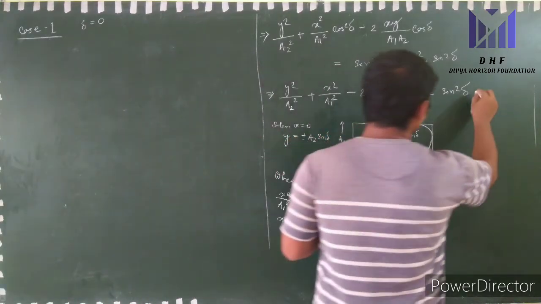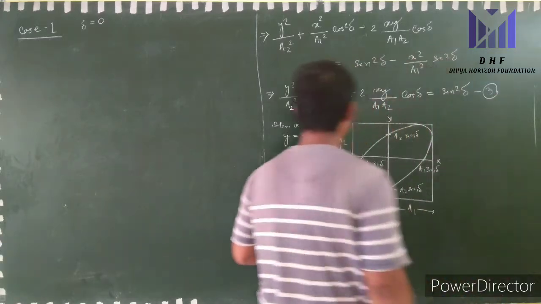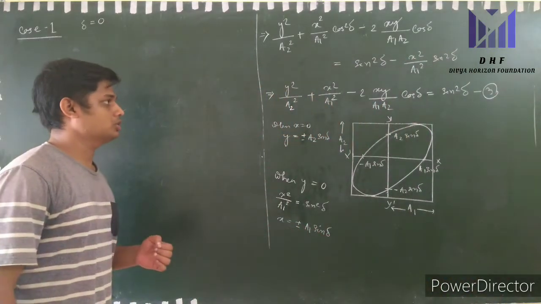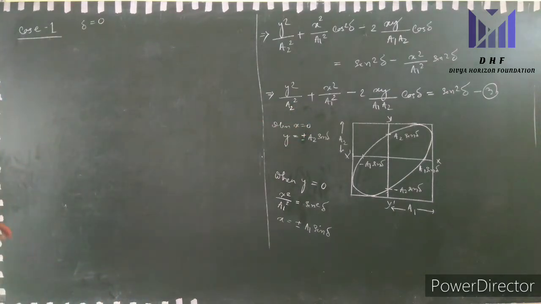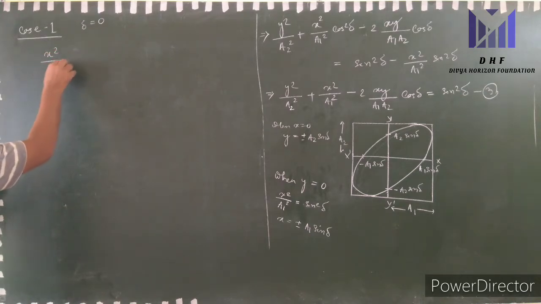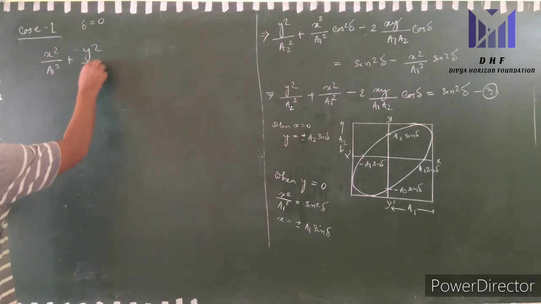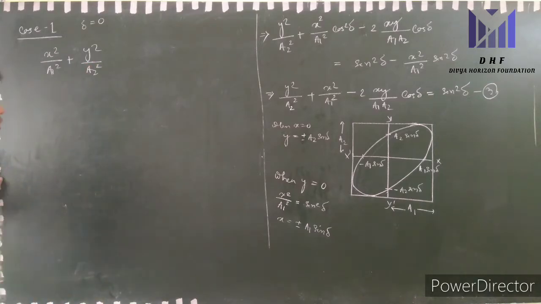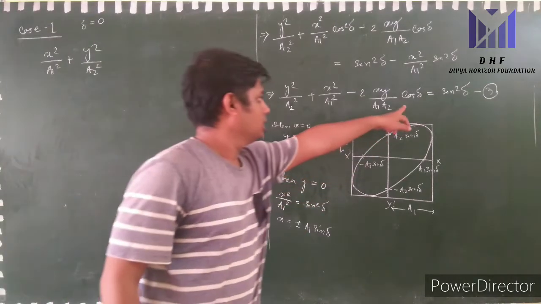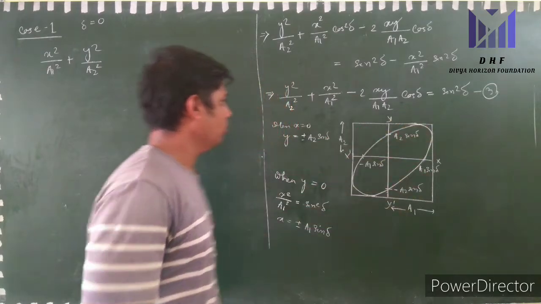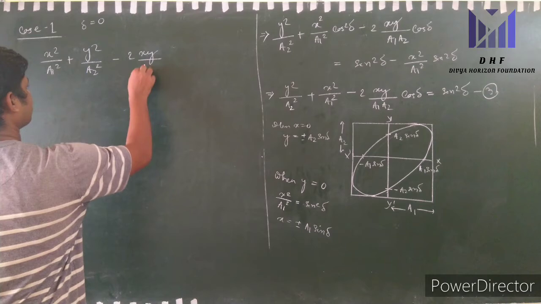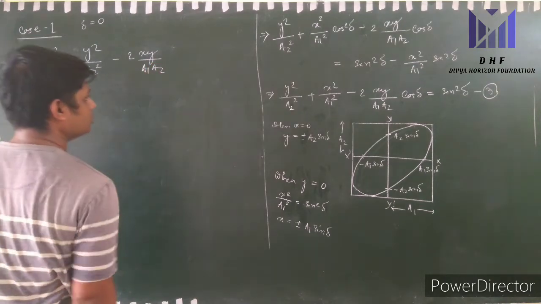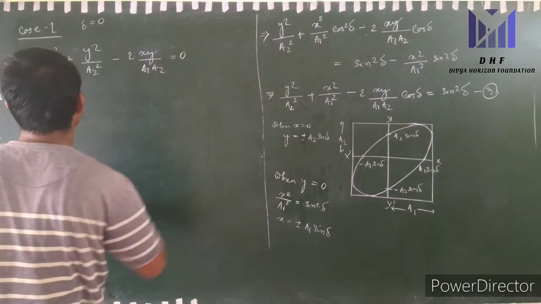Let this be equation 3. So we can put delta is equal to 0 in equation 3. By putting delta is equal to 0, equation 3 becomes x square by a1 square plus y square by a2 square, minus 2xy by a1 a2 is equal to 0, since cos delta is 1.